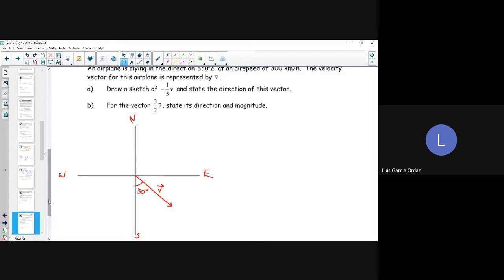So now you're challenged to draw -1/5 vector v and 3/2 vector v, I keep saying b. So where is vector -1/5 v going to land in?